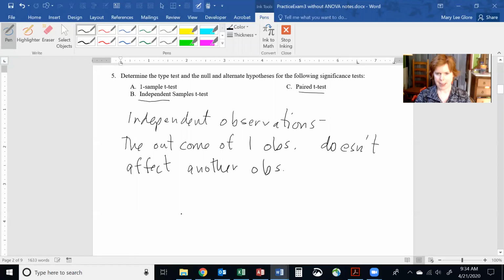All right. So I was looking at heights of people, and I said, okay, what's your height? Oh, you're 5'4". Well, that's not going to have an effect on the next person's height. They're independent. The heights are independent. But if you were best friends, and I asked you, what's some political opinion?